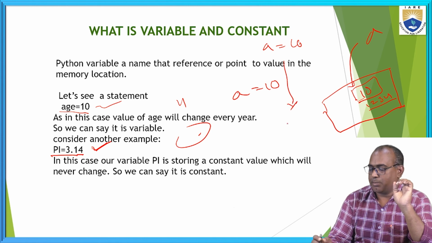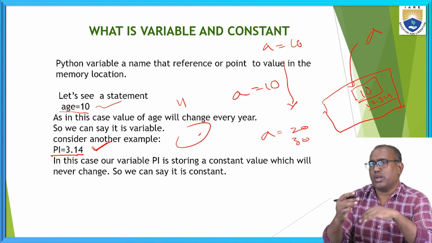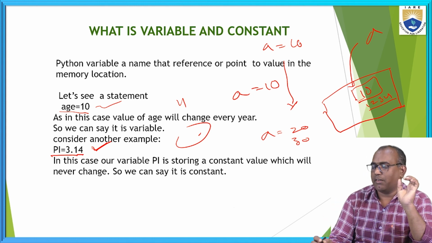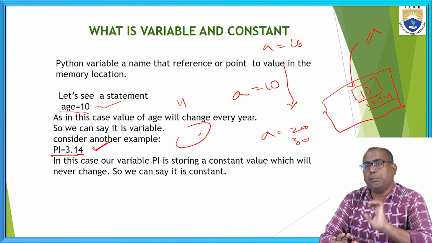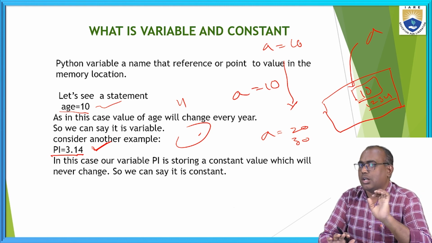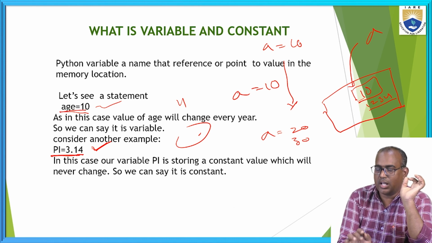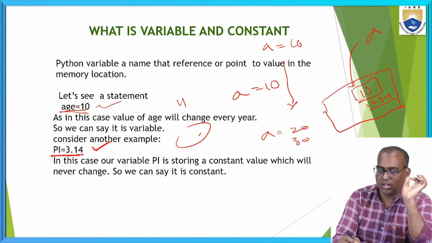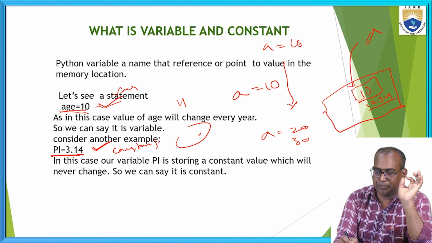After 10 statements, the value maybe becomes 20, 30 based on our instructions. The value may be changed; those are called variables. Those whose value will not be changed are called constants. Here pi is the constant, age is the variable. The age value may be changed, whereas the pi value will not be changed.